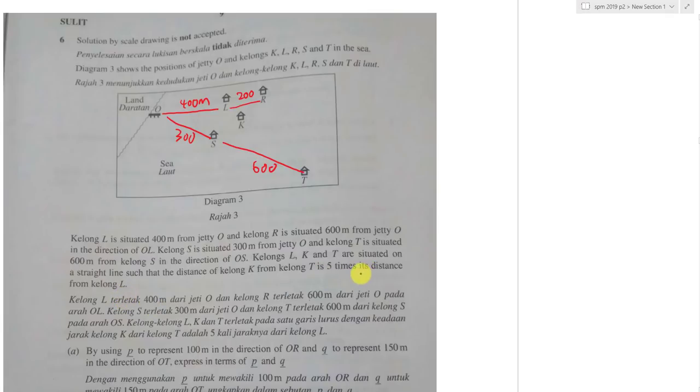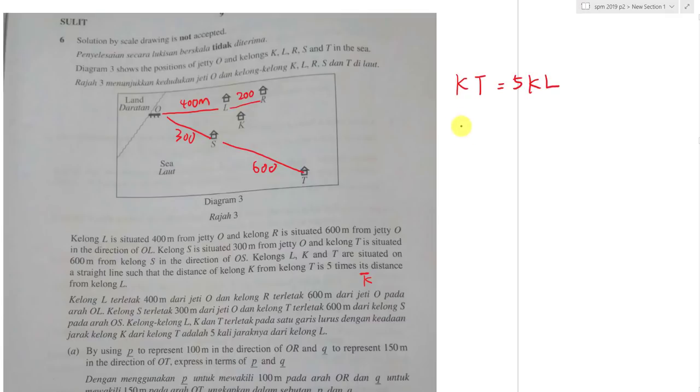Here it is very important to understand what "its" means. If you read carefully, they say K from T is 5 times its, so "its" means K's distance from L. So basically KT equals 5 times KL. If you cannot understand this, you can change it into a ratio.